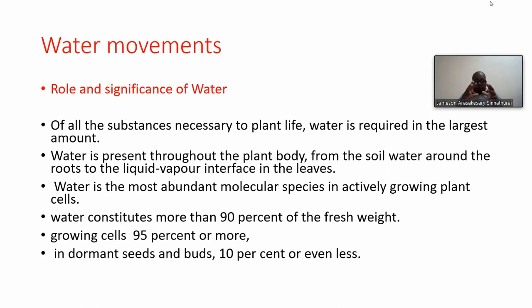That means 90 is water. In very actively growing cells, it is more than 95%. But the seeds, dried roots and dried products of plants may have very little, less than 10% or maybe 5%. So the entire plant has molecules of water.